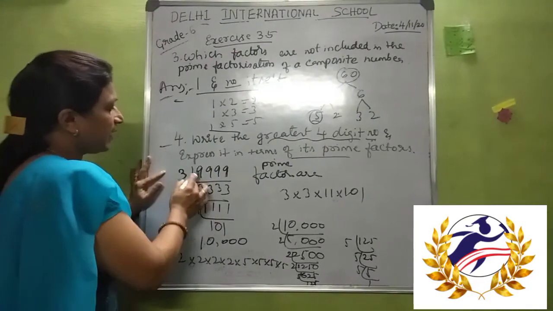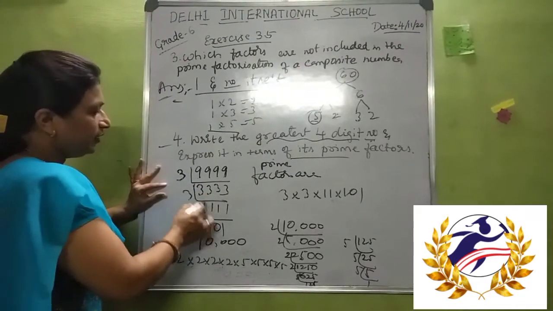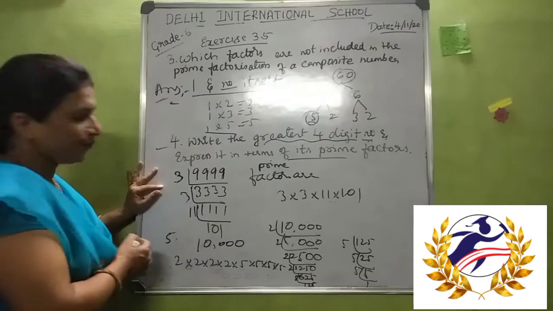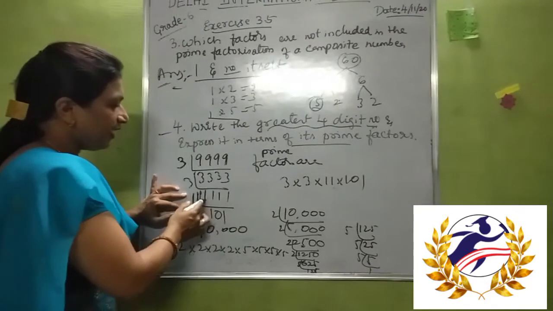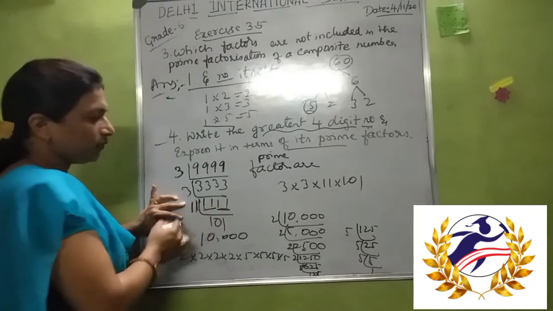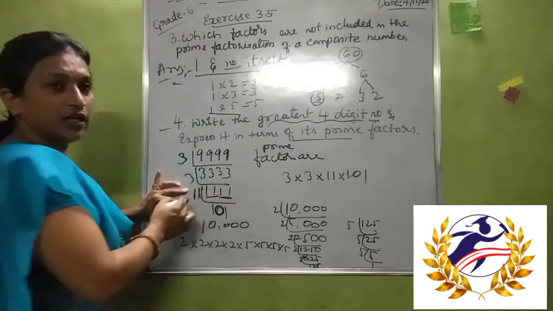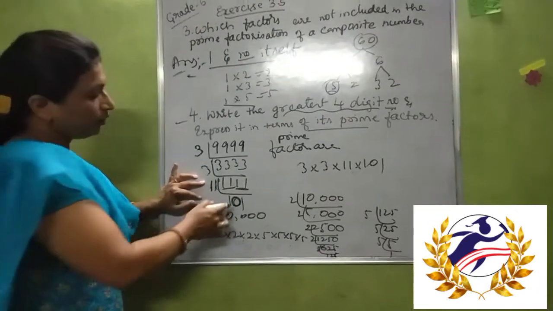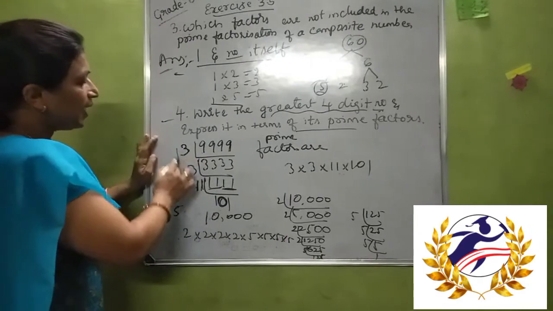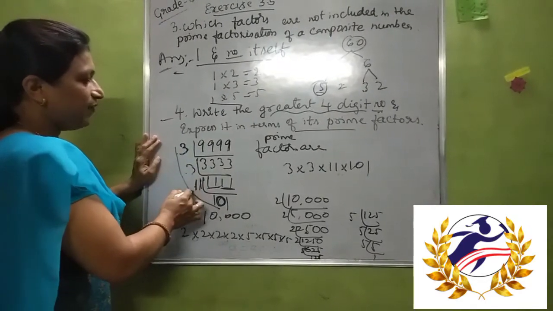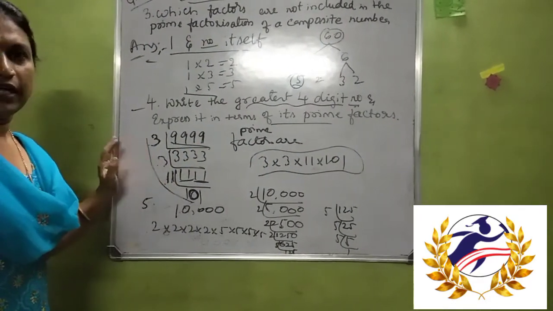So 3 3s are 9, and again 3 1s are 3. Then I should take 11, because it doesn't go with any other number. 11 1s are 11. For the next two digits I need to put 0, because 11 cannot be divided by them. Then 11 1s are 11. So 3 into 3 into 11 into 101 are the prime factors of the number 9999.